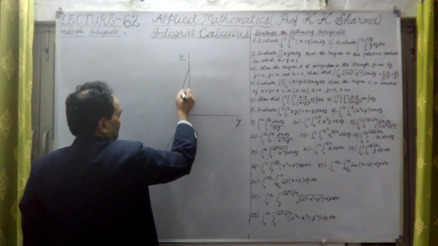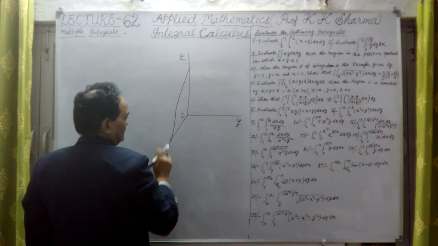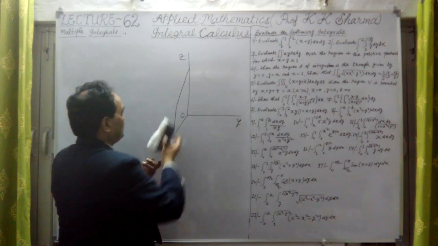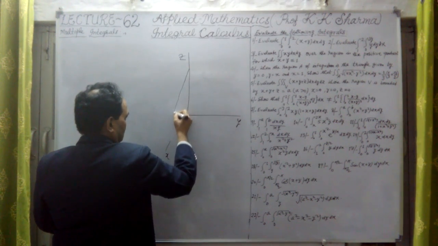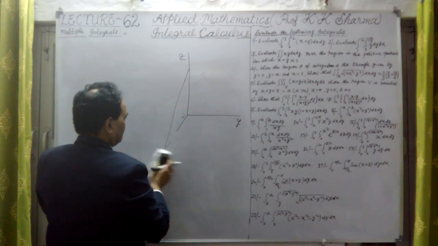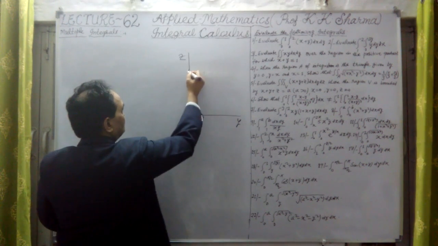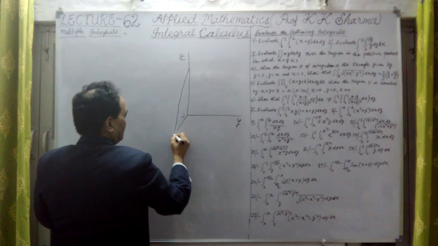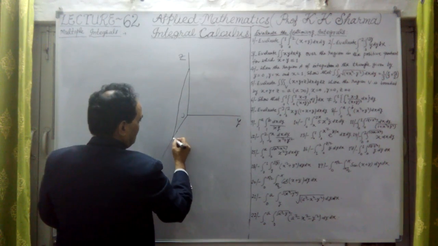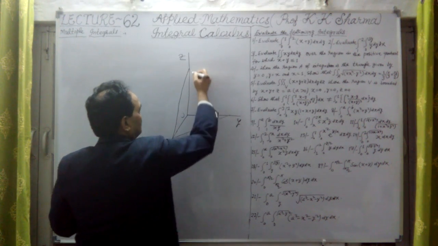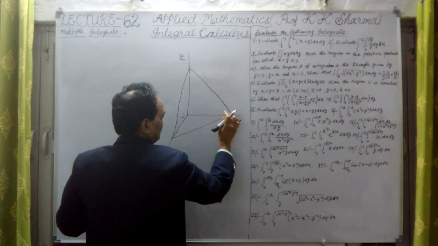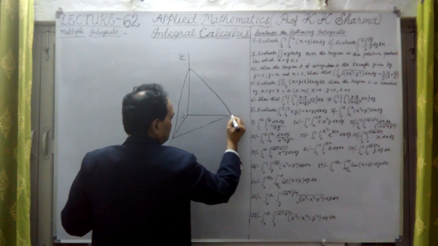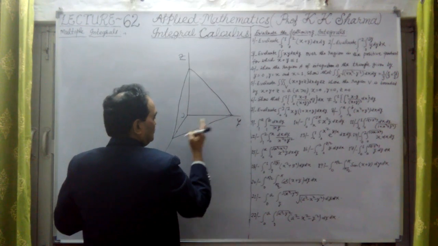Let me take a straight line here, it must be a straight line, like this, the smaller one. Then this is the straight line and this is the straight line. This is the tetrahedron here. So what are the values?